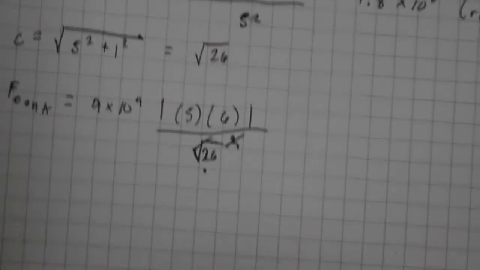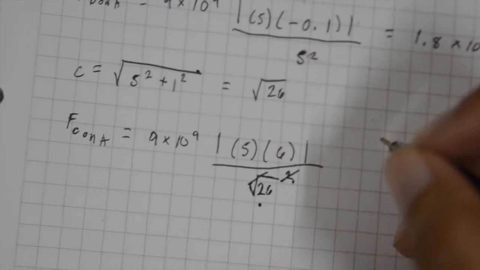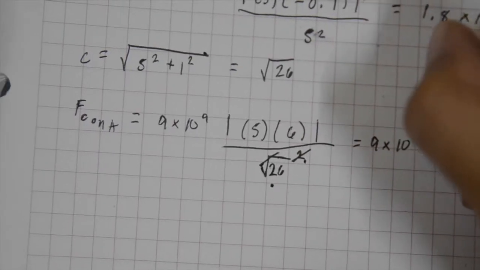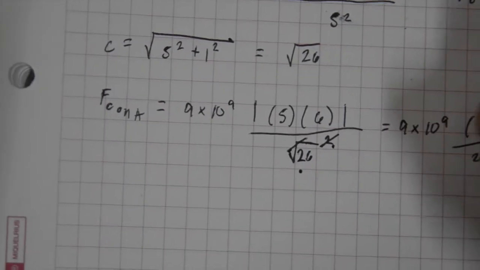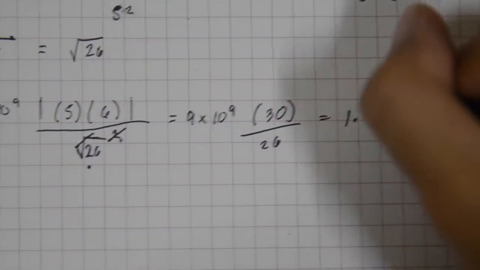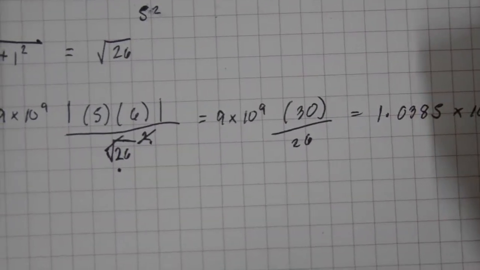So now let's simplify that, and we will get 9 times 10 to the 9th times 30 over 26, which will give us the answer 1.0385 times 10 to the 10th.